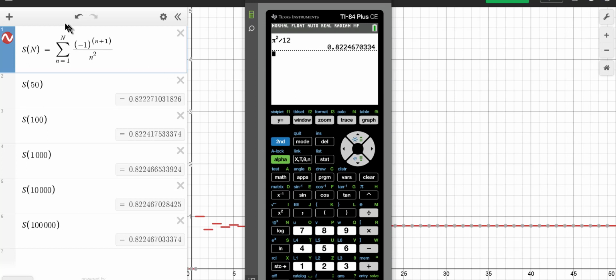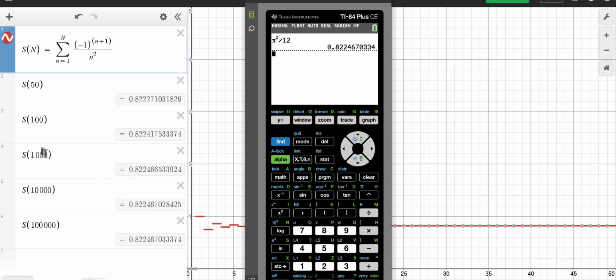On my calculator, this is the value of that convergent series, 0.82246, and so on. If you look at 100, 0.8224, 0.8224. Within 4 decimals, we are accurate. Then we start losing our accuracy. As you go out to 1,000 terms, you get closer and closer the further out you go. So that's the idea.